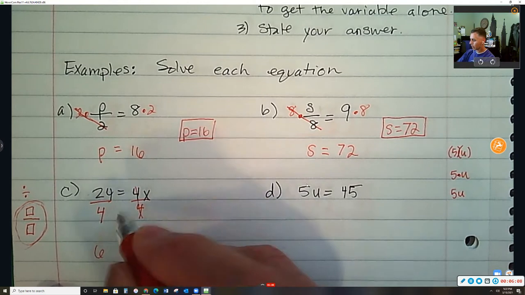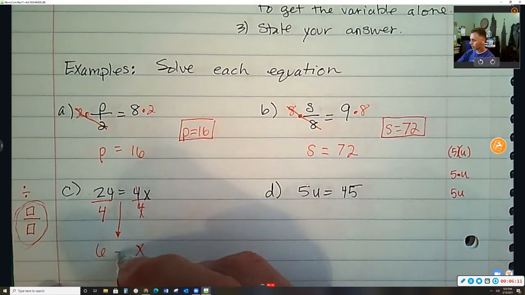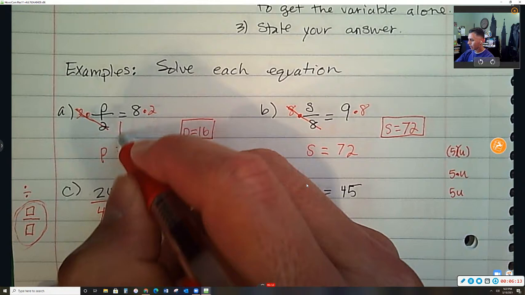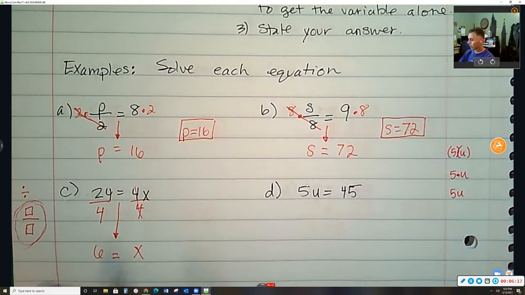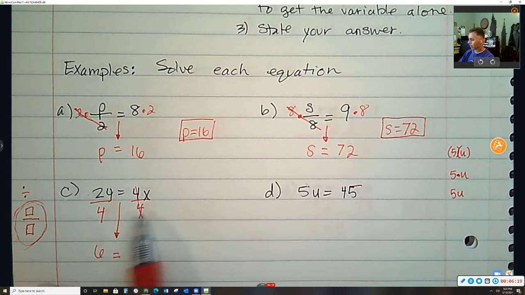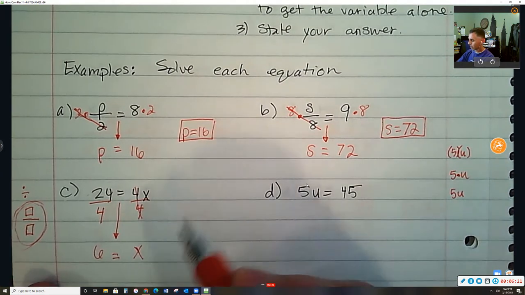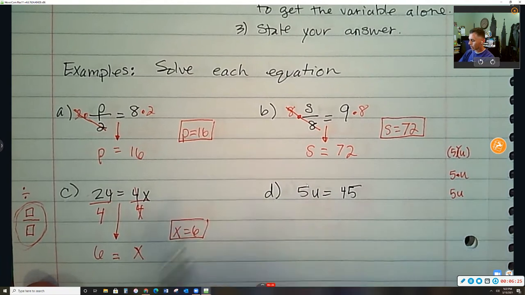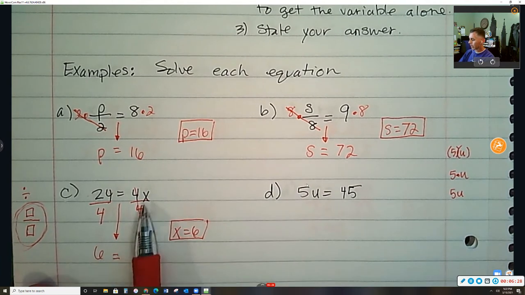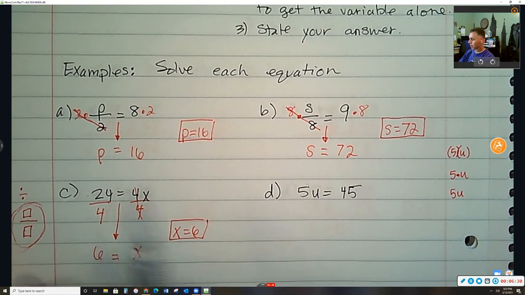And then on all of these, I kind of forgot, but we are always bringing down the equal sign. And that also lets us know that it's going on both sides of the equation. And then my answer is just x equals 6. Again, because 4 times 6 is 24.